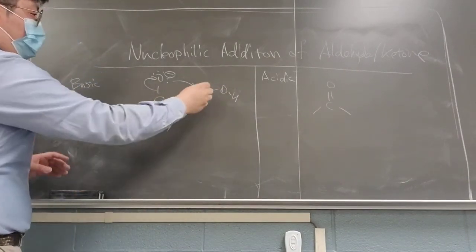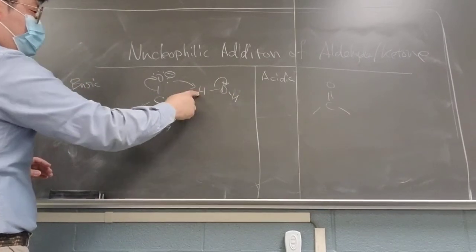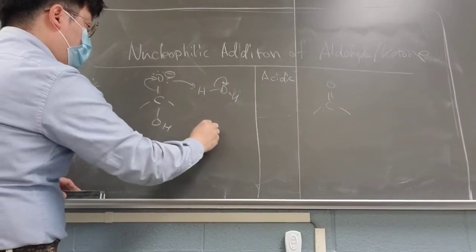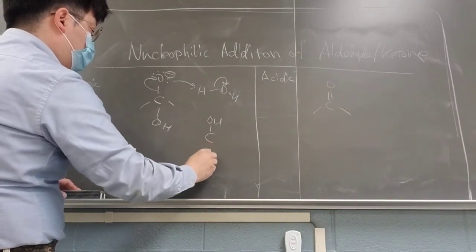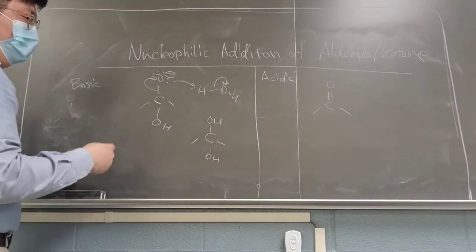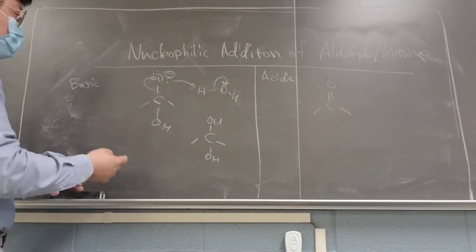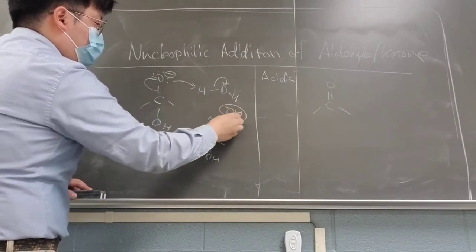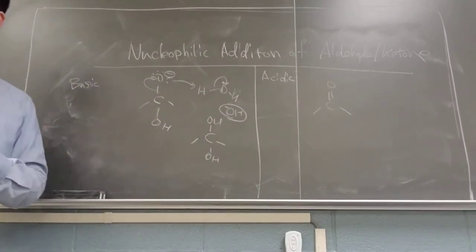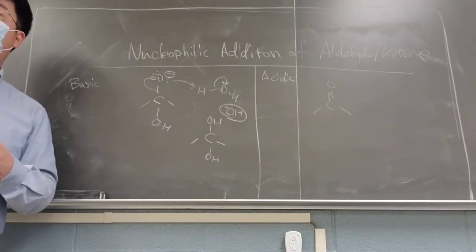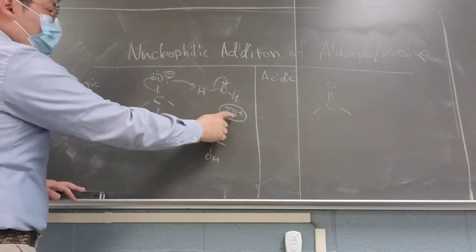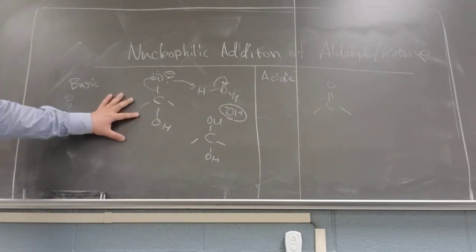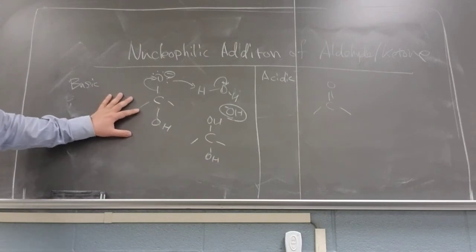So this goes over there because it only takes the proton. Then you have a carbon that has 2 hydroxy groups on the same carbon, so it becomes a geminal diol in basic conditions, and this will become OH minus. So this is maintained at a very high pH level with a lot of OH minus still available there. So this is what you can do in hydration in basic conditions.